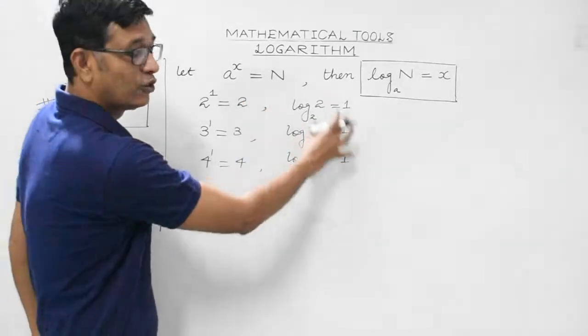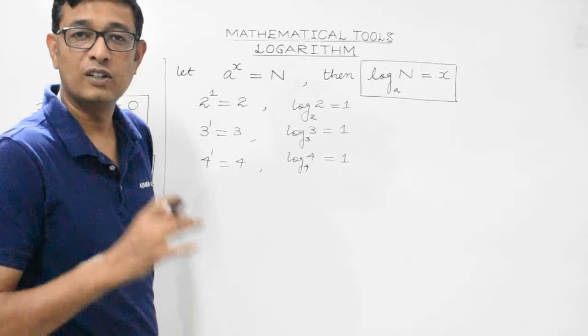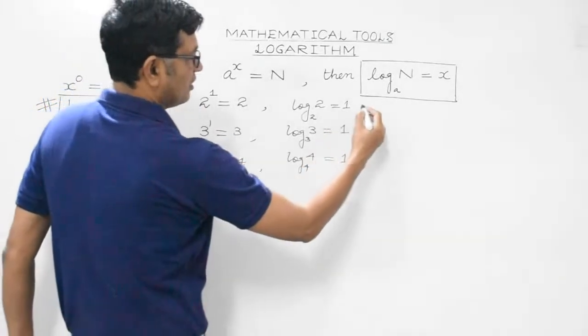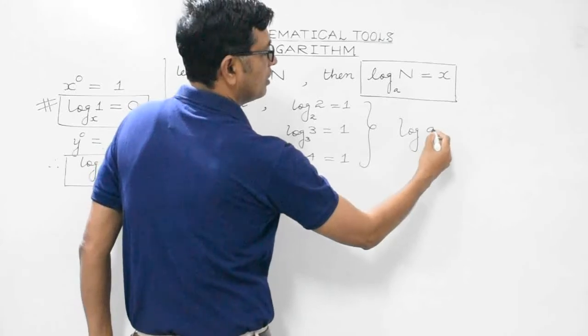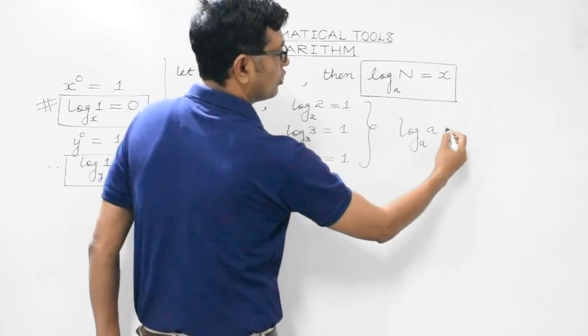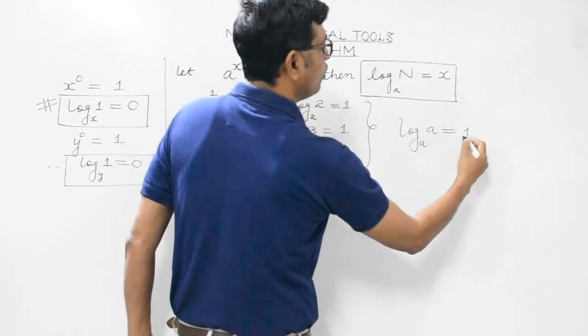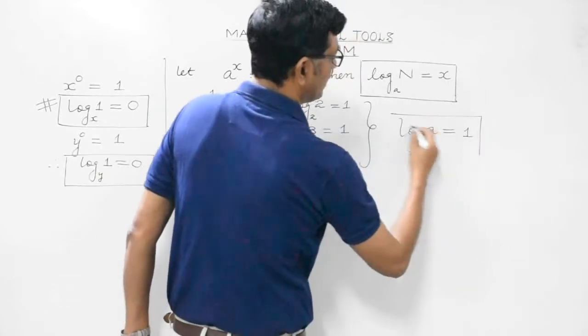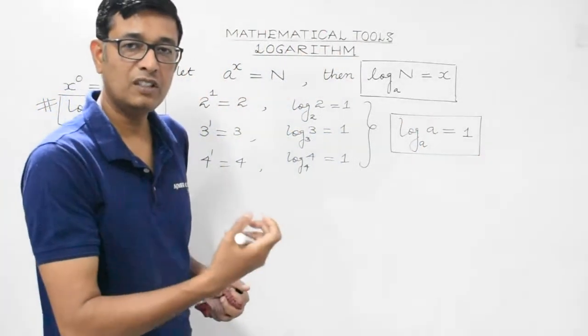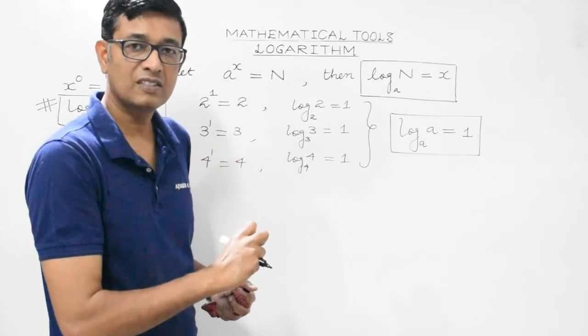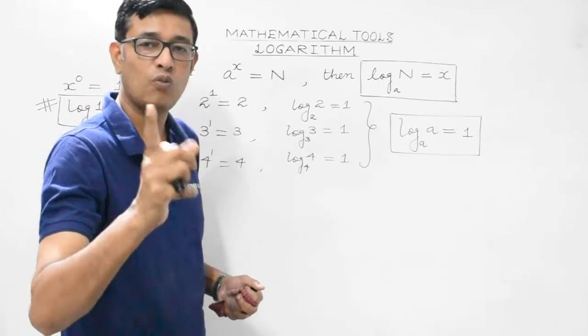So, what do you conclude from these? We conclude a very important result, that log of any number to the same base is always equal to 1. This is the second very important result. Log of a number to the same base is always equal to 1.